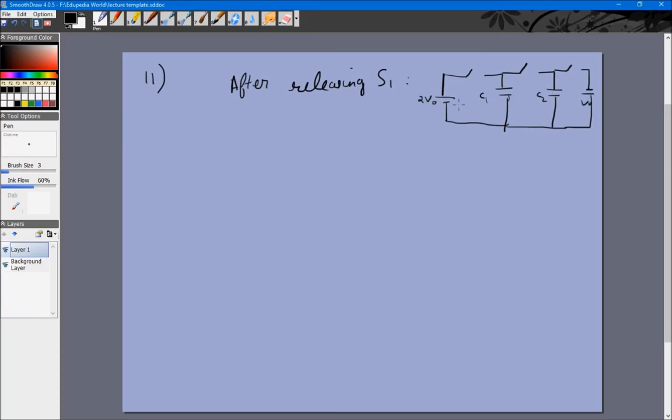And after you've pressed and released, this has a potential difference of 2 V0. So this is the positive terminal, this is the negative terminal, and the charge is 2C V0, plus 2C1 V0 and minus 2C1 V0.